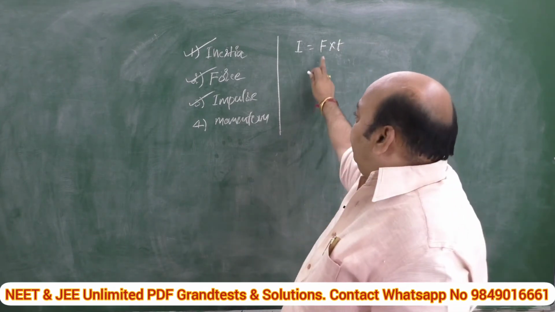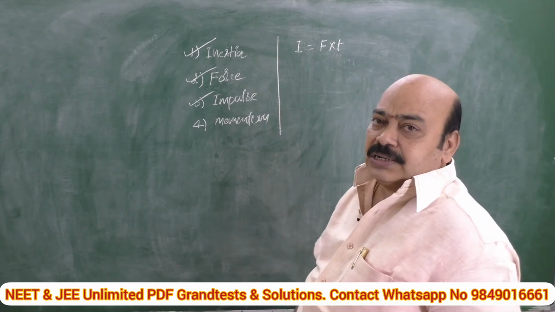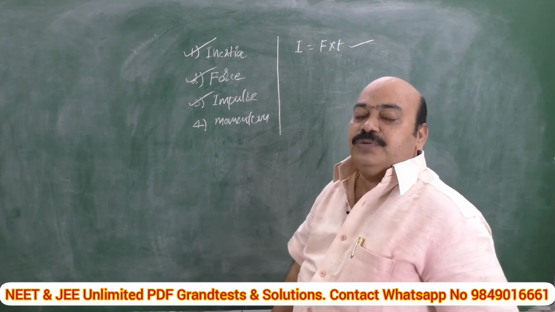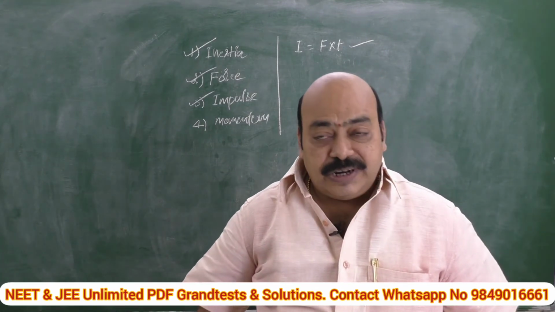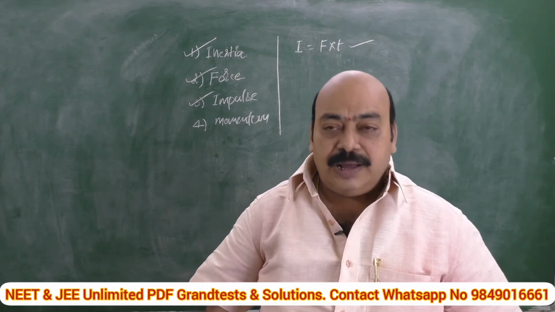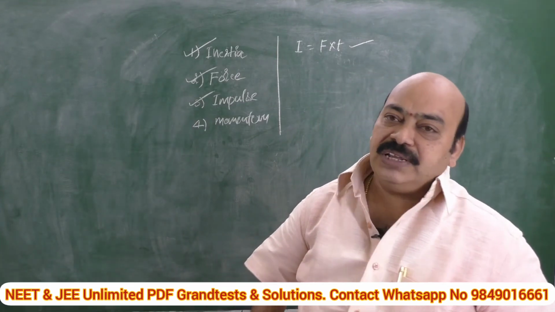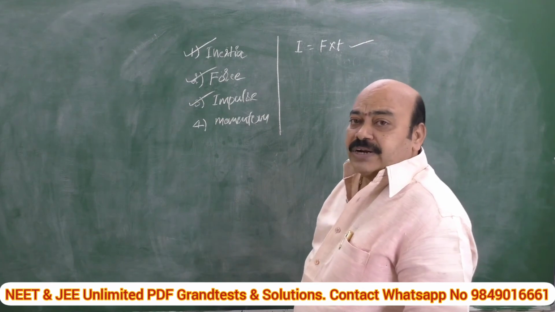That means simply the product of force and the time for which it acts is defined as impulse, F into t. Try to write what are the units of this one and what is the dimensional formula. Once again, whether it is a scalar or vector quantity.